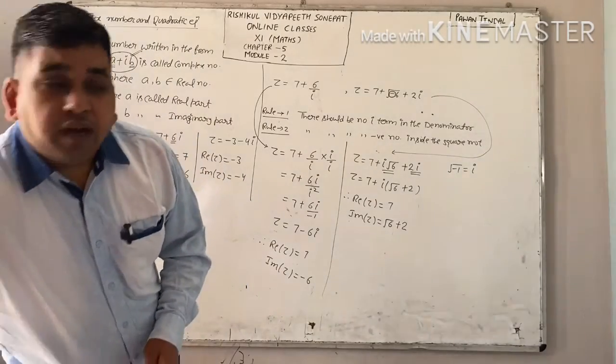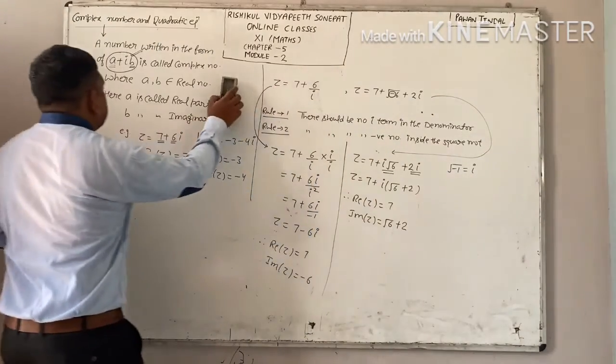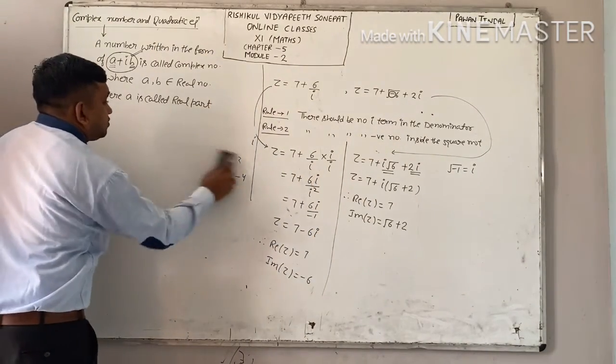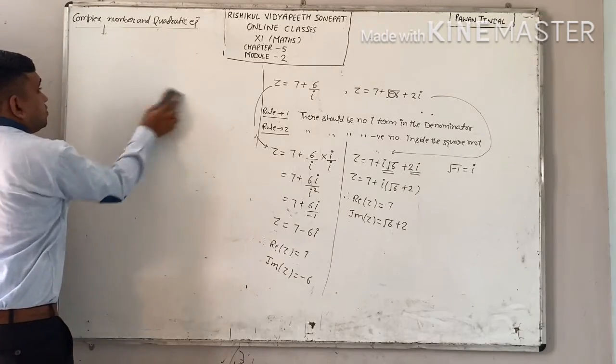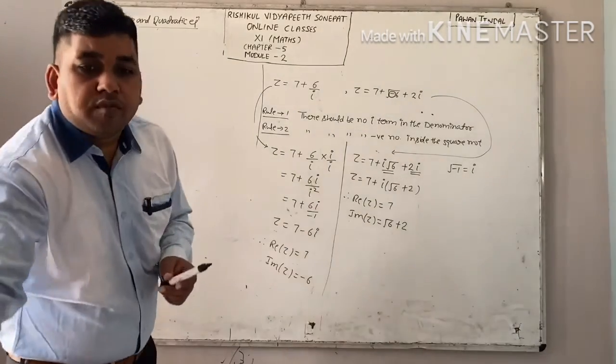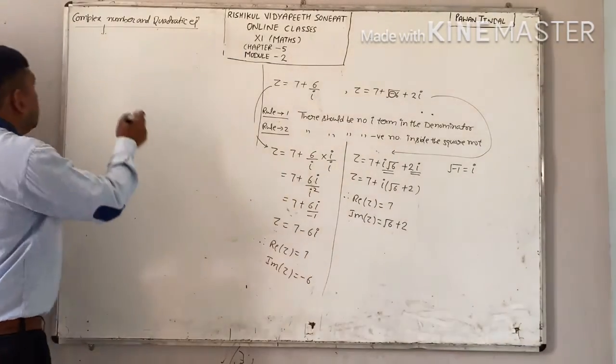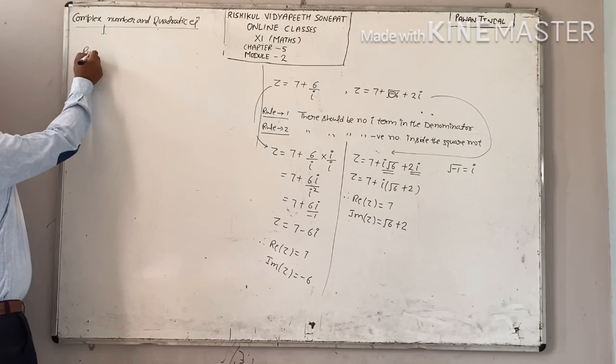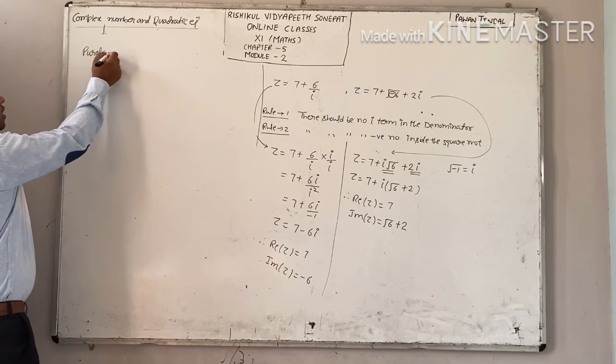Now, complex number are basically of two types. First one is purely real.